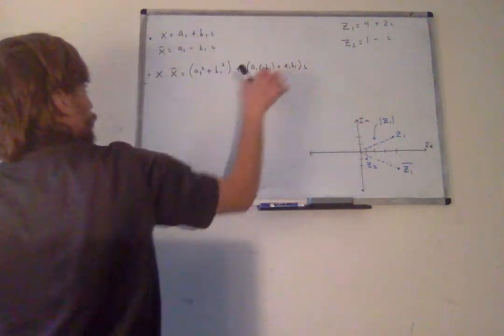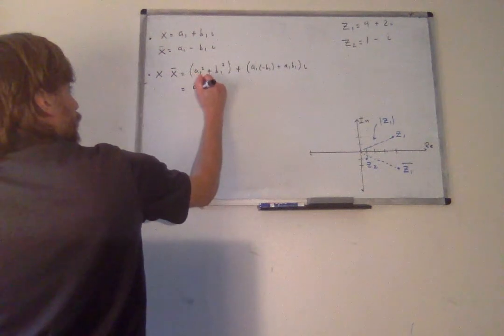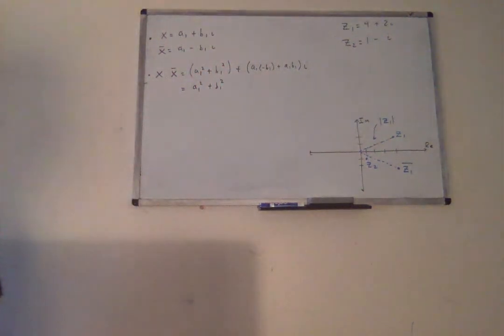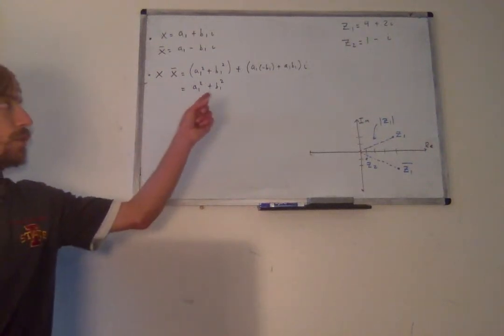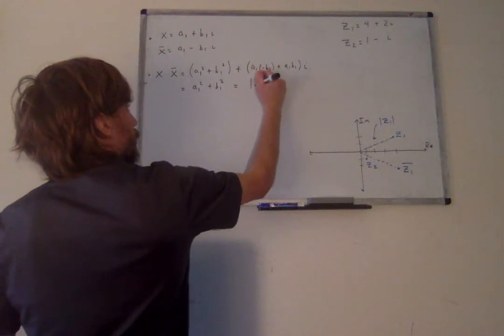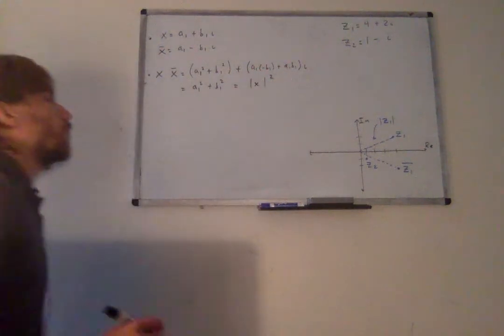But notice these two terms are equal to 0. So it turns out that the product of x and its conjugate is a real number, which is just a1 squared plus b1 squared, which, if you prefer, is equal to the modulus of x squared.